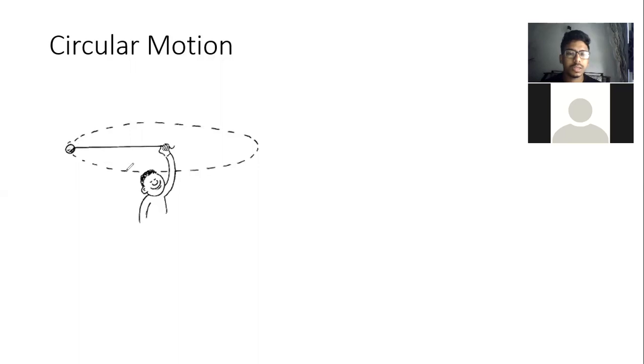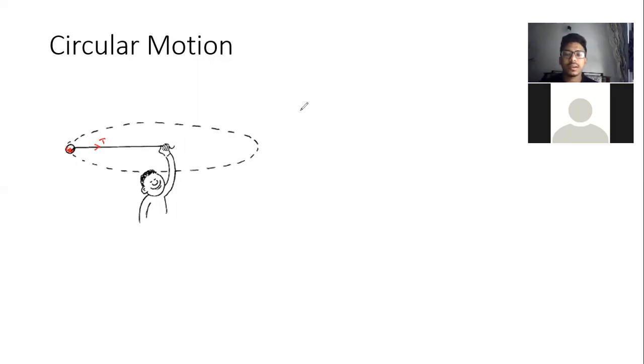To keep the object in a circular path, there must be a centripetal force acting on the object. Here the object is this ball, right? The required centripetal force to keep this object in the circular path is the tension acting on the ball from the string.